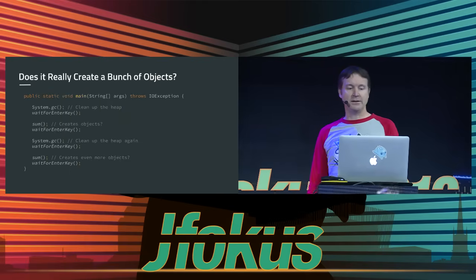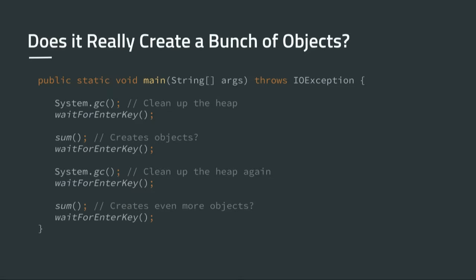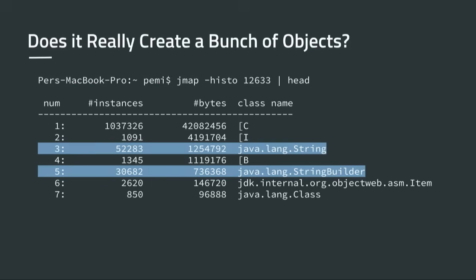So let's try to push a little bit further into it. Let's start our Java program. We do a garbage collect to clean up the heap, what's there from the startup. We invoke the sum method. We invoke the garbage collect, and we invoke the sum again. And let's see what we have on the heap.